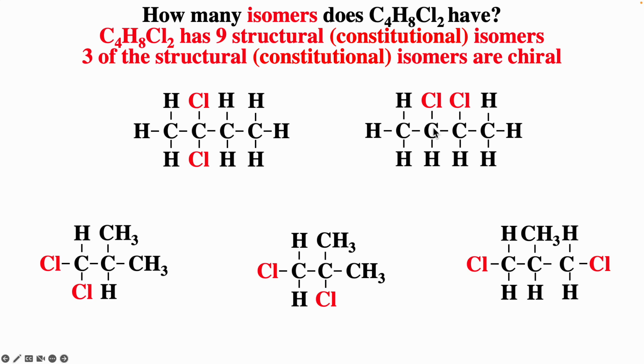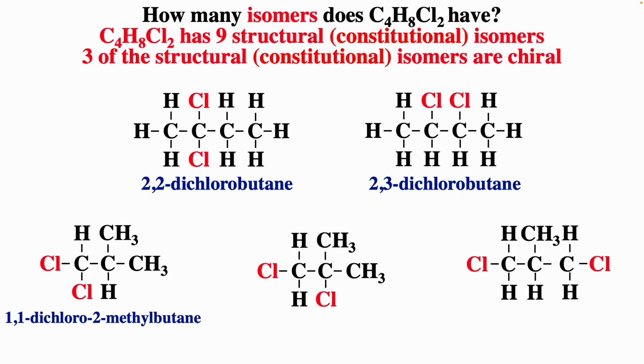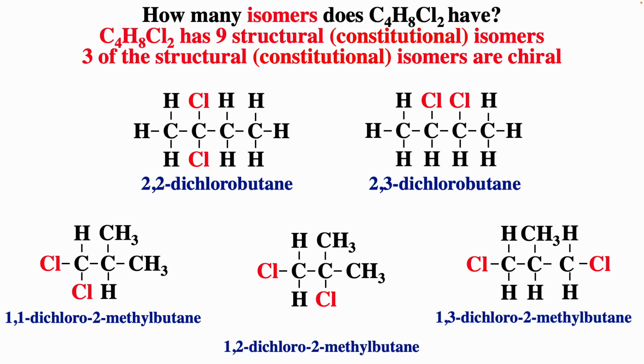This carbon here is optically active. That carbon there is also optically active, has 4 different groups attached, so that's 3. And then I think that's it. So we have 9 structural isomers, and 3 of the structural isomers will have stereoisomerism.